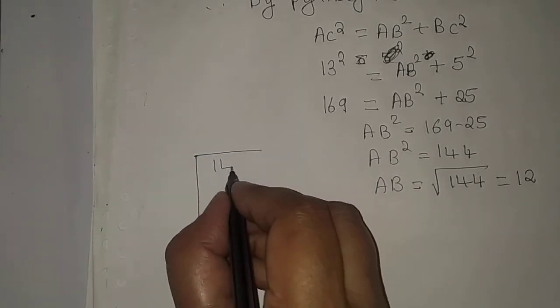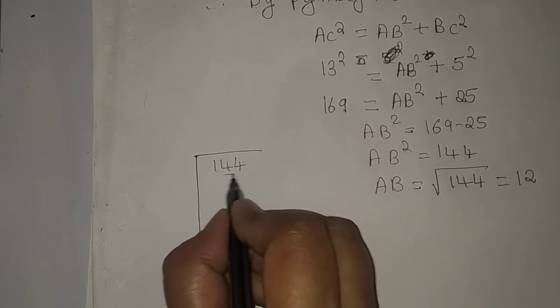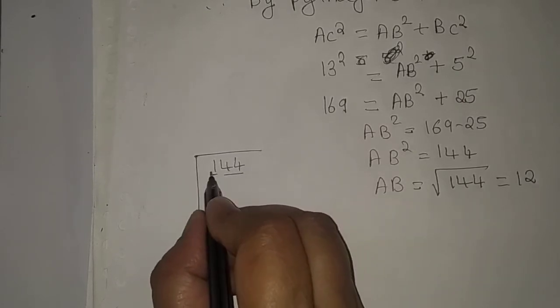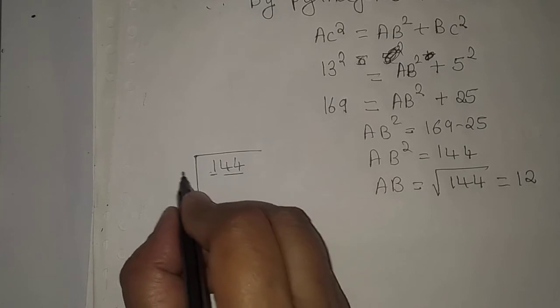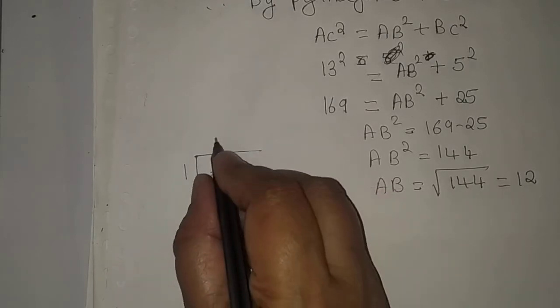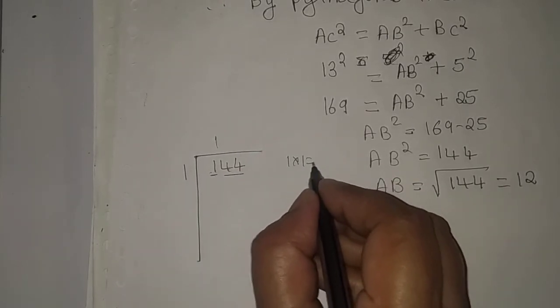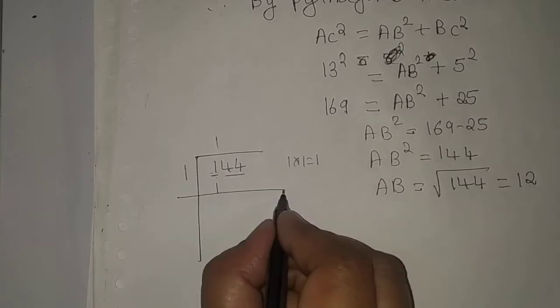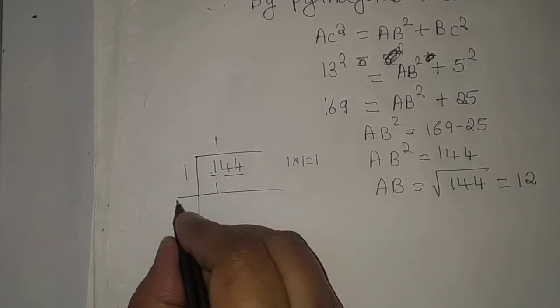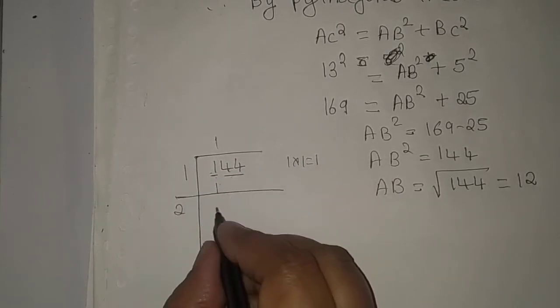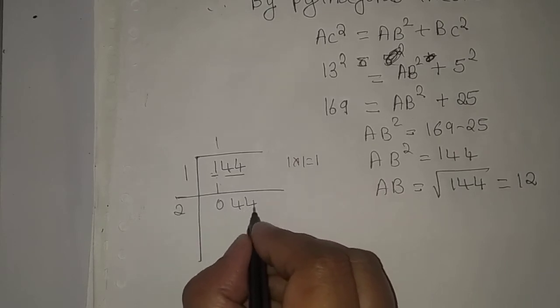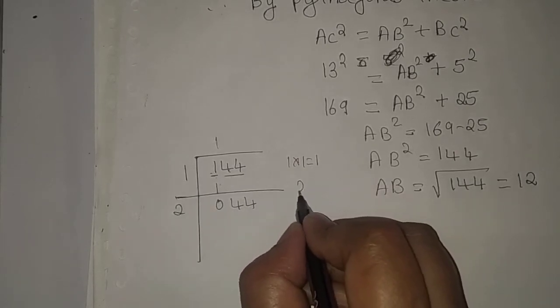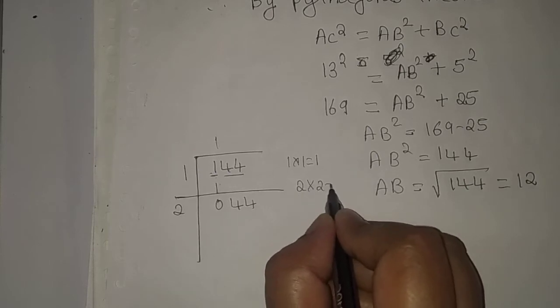Take 144, pair these numbers, this one pair and this one pair. Therefore 1 into 1 equal to 1, 1 ones are 1, add these two, we'll get 2, then write down the remaining 4. Then the nearest number is 2 into 2 equal to 4.